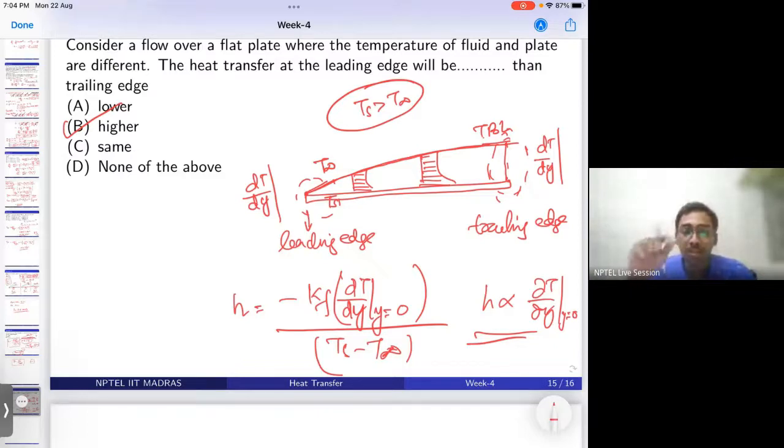We will derive the exact expression, h as a function of x, in the coming sessions. Or you can refer to any heat transfer textbook, like Incropera or Cengel's, in the convection portion, where it is derived.